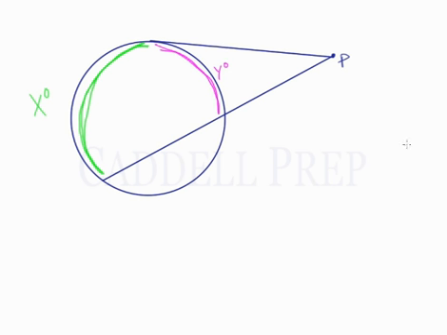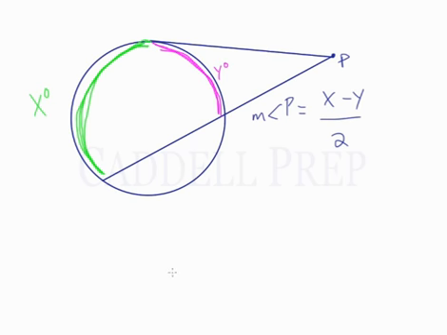We just have a tangent, so this arc goes all the way to this point, and then this next arc starts at that spot and goes all the way to here. We still have that the measure of angle P is going to be x minus y divided by 2.